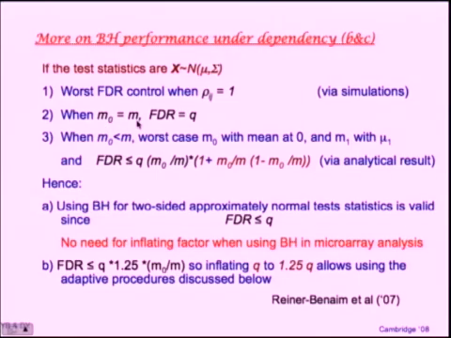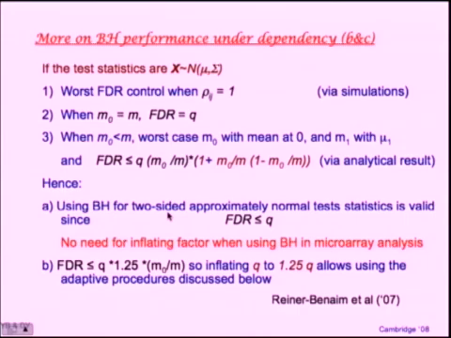But once it was discovered that the worst case is 1, then we could investigate analytically. First of all, when all null hypotheses are true, the FDR is exactly q. When m0 was less than m, the worst case was some mu's at 0, some mu's away from 0, correlation 1 within each block, and negative correlation between the blocks. Even this was analyzed analytically, and what you get is that the FDR is controlled at q times m0 over m times 1 plus m0 over m times 1 minus m0 over m.